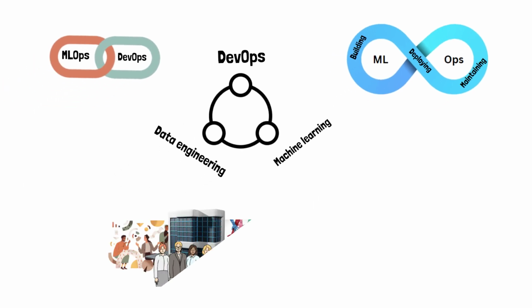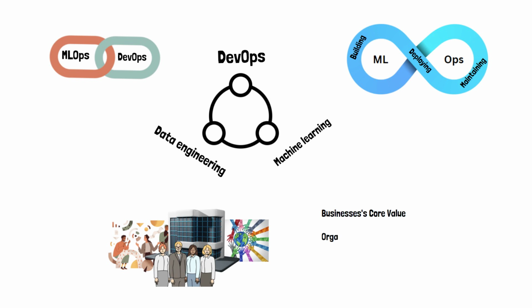Because MLOps is a behavior or culture just like DevOps, the level of operations introduced via tools to operationalize an ML workflow will largely depend on the business's core value, the organizational strategy, and the business use case.